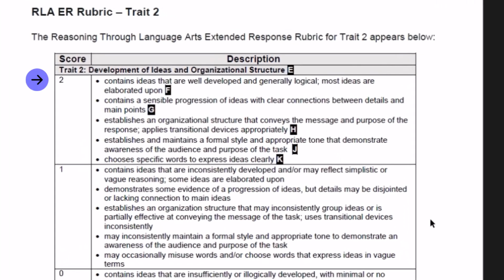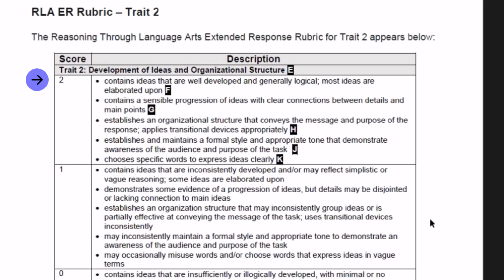So Trait 2 reads, development of ideas and organizational structure. Contains ideas that are well developed and generally logical. Most ideas are elaborated upon. Contains a sensible progression of ideas with clear connections between details and main points. Establishes an organizational structure that conveys the message and purpose of the response.